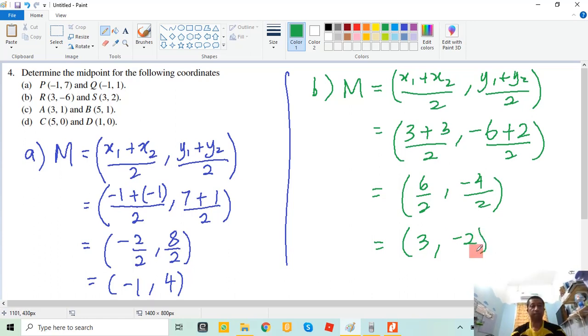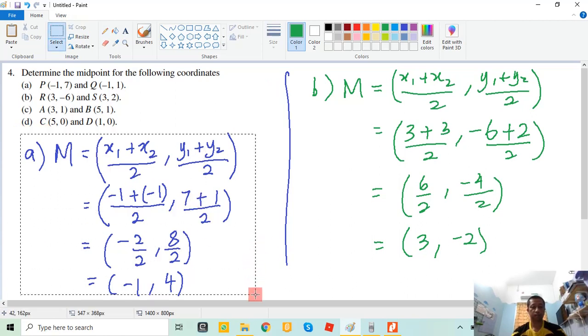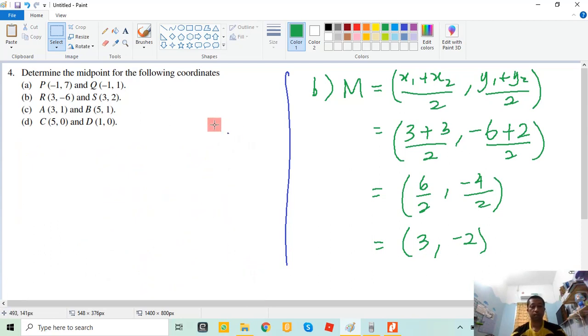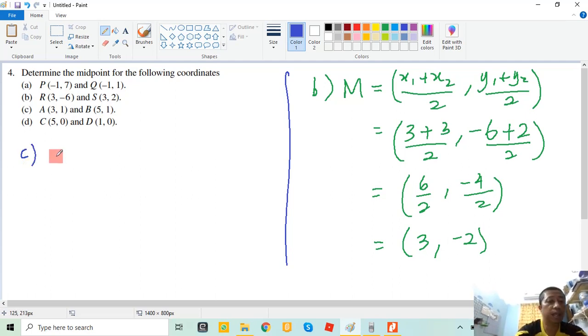Okay, next, let me erase the answer, this one. Okay, next, we go to question C. Okay, question C. So M, maybe I didn't write the formula for question C. So M, x1 is 3 plus x2 from point B, is 5, divide by 2.